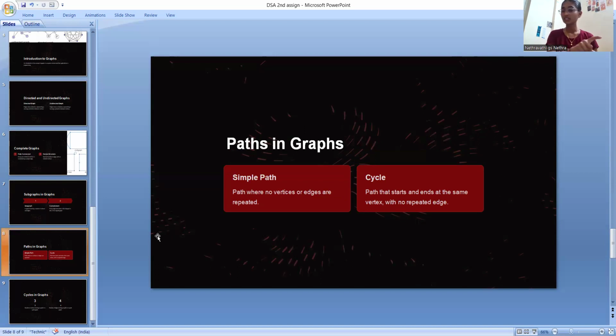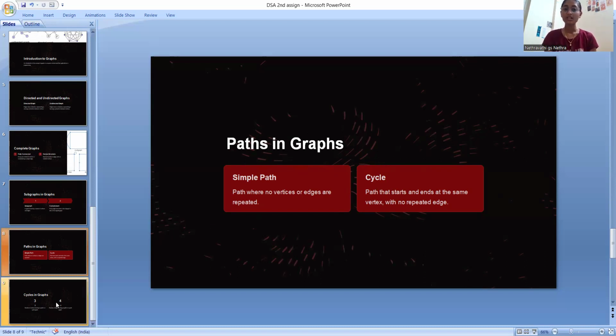Just consider a cycle like A, B, C, D, and E. A points towards B, B points towards C, C points towards D, D points towards A. It's like a circle or cycle which forms a path without any repeating edges.